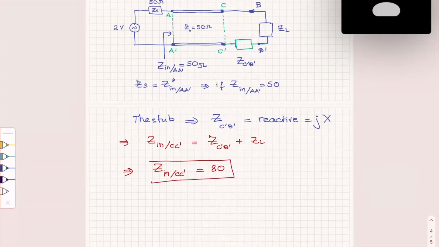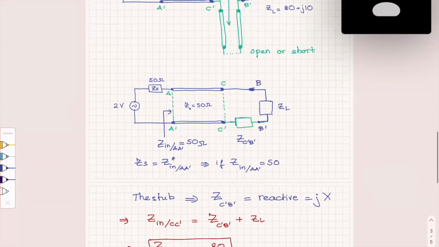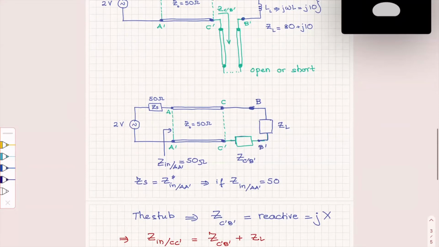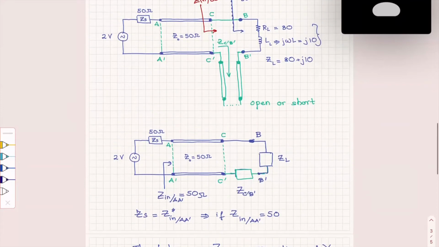There's nothing else I can do when I put a stub at the end, like a series stub like that, but change the impedance to have a real part of 80. But if at Z input at CC prime, I have a load of 80 ohms, the reflection coefficient at CC prime is going to be not 0, which means that I will have a reflection at AA prime.